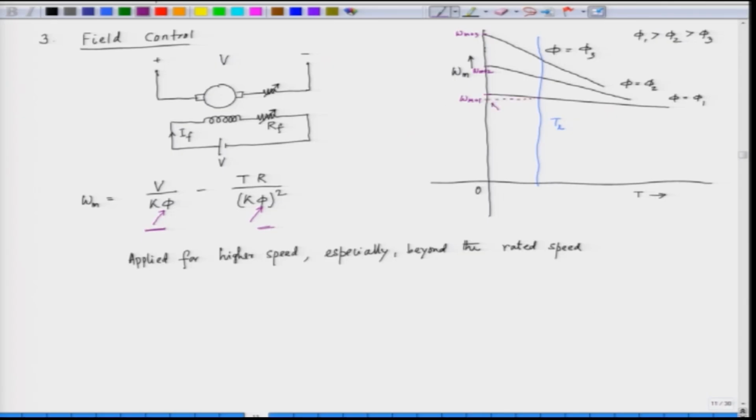This is one speed omega m1, and then the second speed, the intersection of the second characteristic with the load characteristic, is omega m2, and then when the flux again decreases, we get still higher speed, which is omega m3. So, by controlling the field, we get higher speed. So, this is about the shunt motor or separately excited motor control.